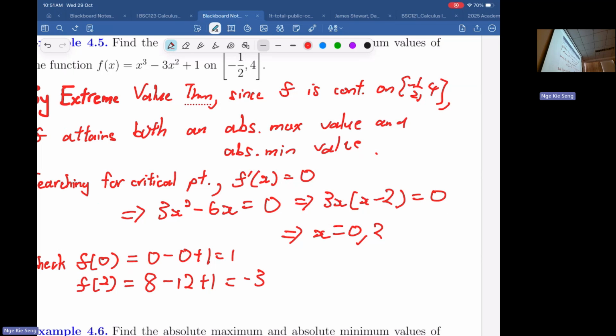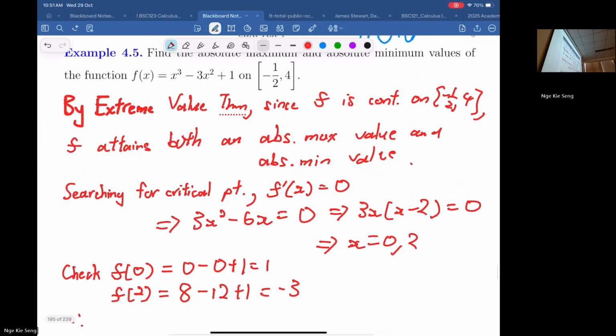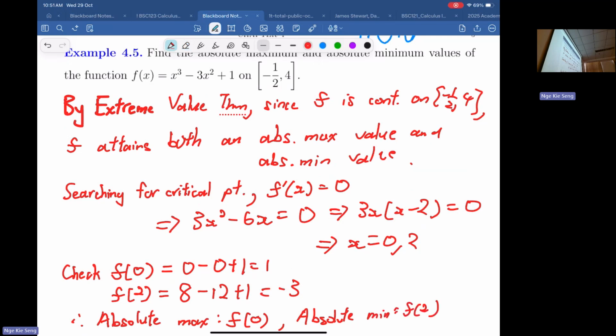Is it done? Can you say that the absolute maximum is f(0), and the absolute minimum is f(2)? Are we done like this? Maybe we can do a check.